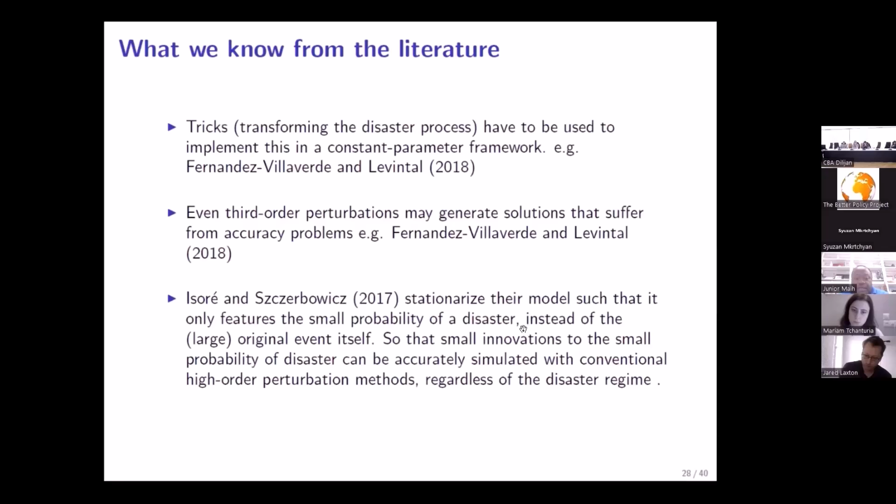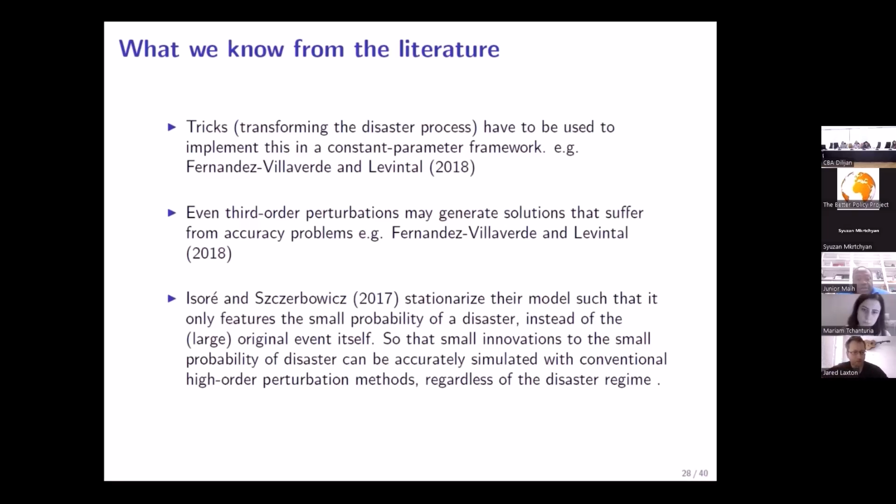The problem is, how do we solve those models? People find it difficult to solve those models using perturbation and constant parameters, but that's the framework that is mostly used. And so people have to resort to tricks like transforming the disaster process.